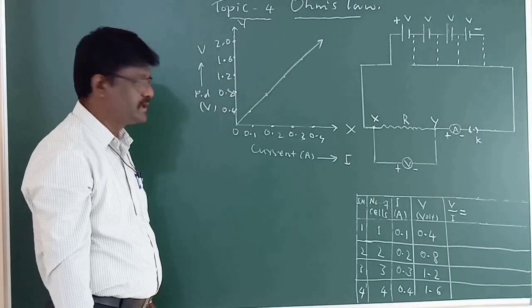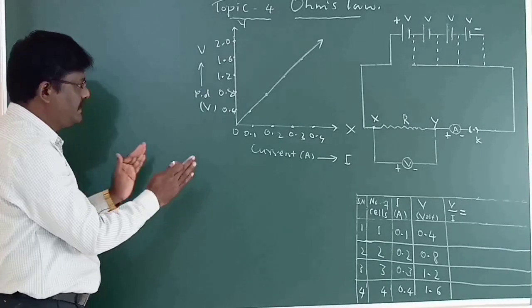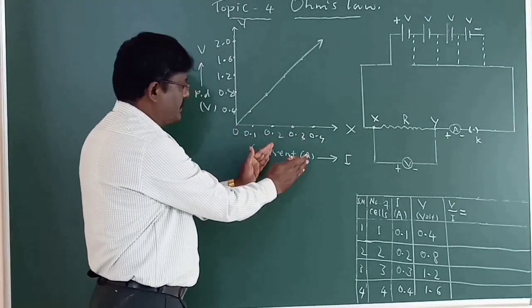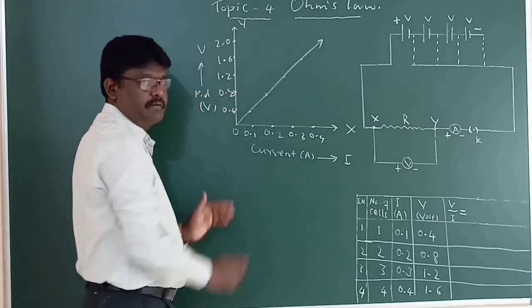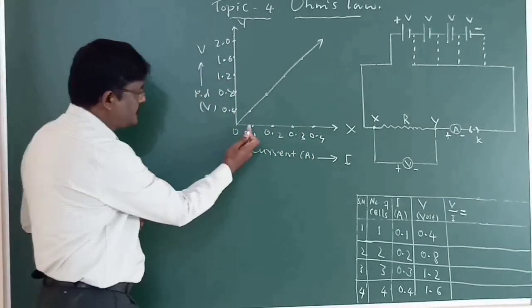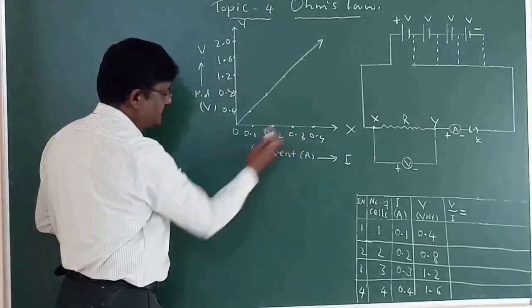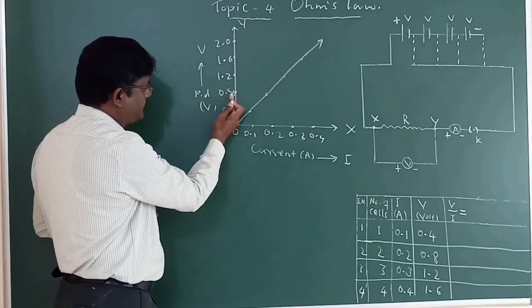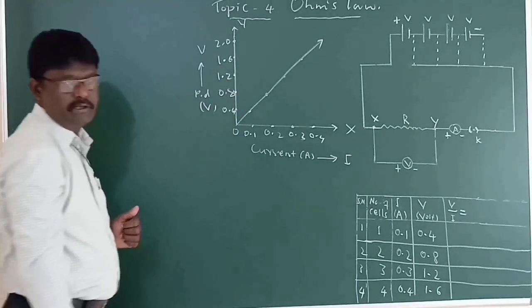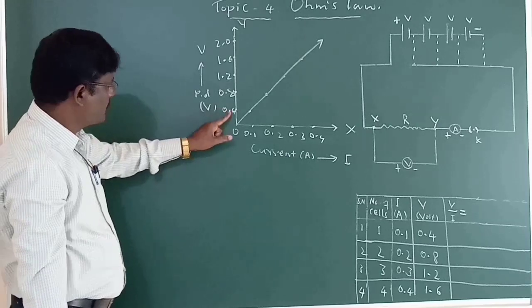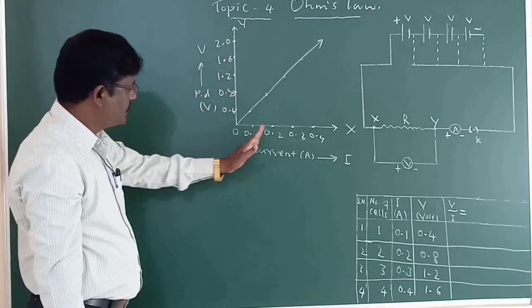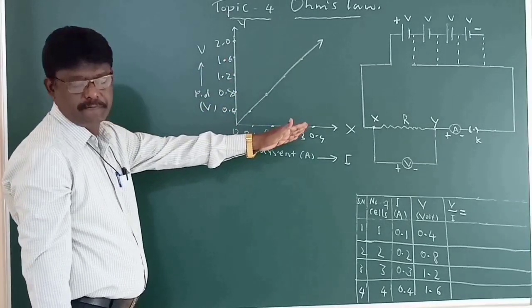Then what is Ohm's law? See here, we find this relation between I and V. As the current increases, the potential difference also increases, or as the potential difference increases, the current also increases.